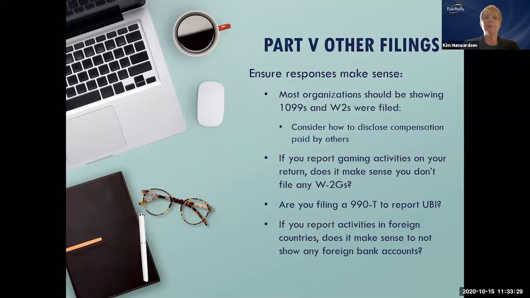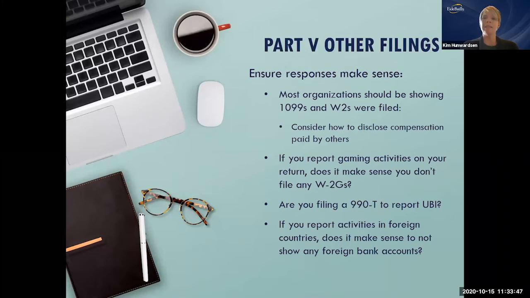There's also another section that looks at other filings. So this is kind of a checklist of some other types of tax filings that might need to be filed. There's a part here for the number of 1099s and the number of W-2s.